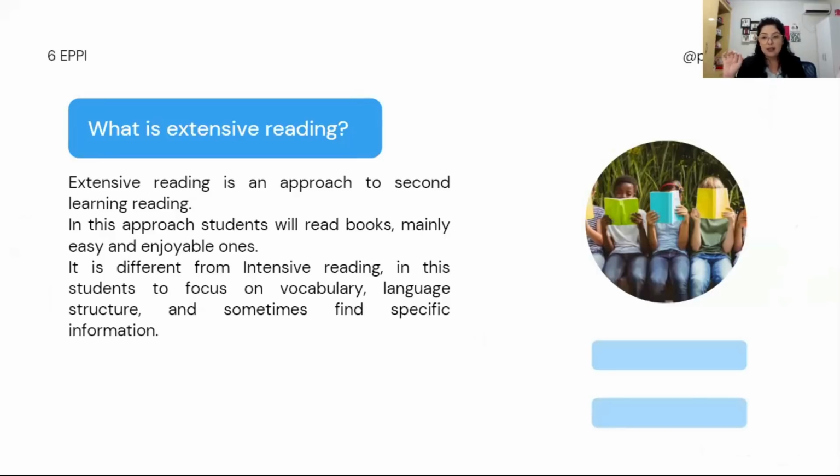In extensive reading, the students will read books, mainly easy and enjoyable ones, of course. It's a bit different from intensive reading, because in intensive reading, the students have another focus. They have to focus on vocabulary, they have to focus on language structure, and sometimes they have to find specific information in the text.